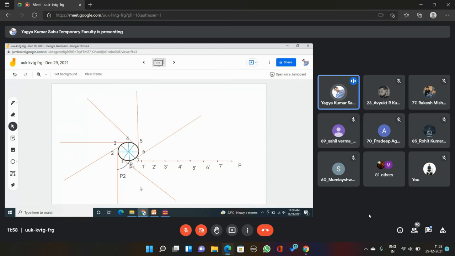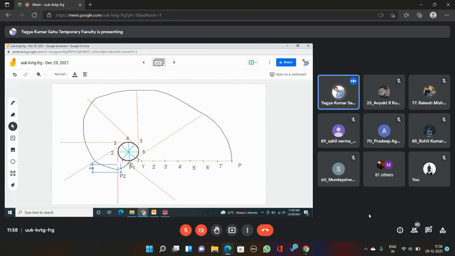Then what about P3? What will the center be? Sir, 3. Radius P3 dash. So radius will gradually increase, okay? And the curve will move like this. You'll get exactly at P. Is it?